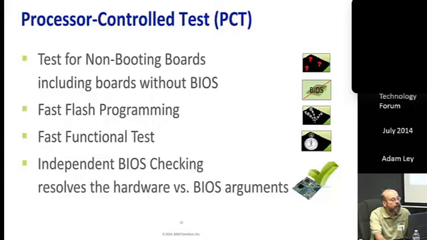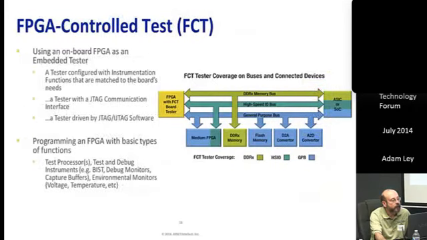Next, we'll talk a little bit about FPGA-Controlled Test, or FCT. FPGA-Controlled Test is somewhat similar to processor control test, except in the sense that it's a bottom-up method, but it's focused on FPGAs. So think of the FPGA as being dark. You power it on.